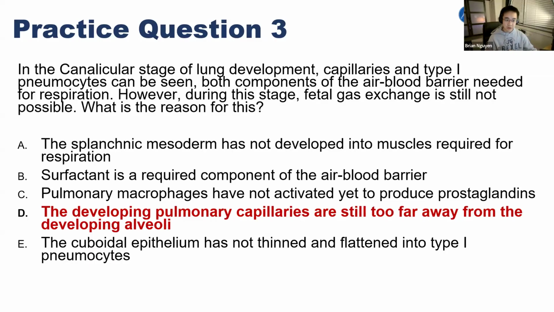Remember, surfactant's purpose is to decrease surface tension, so it stops the alveoli from collapsing in on themselves. You can still live without surfactant. That is just a severe critical medical condition that we'll talk about in a second. But the answer is because it's still developing its capillary network.